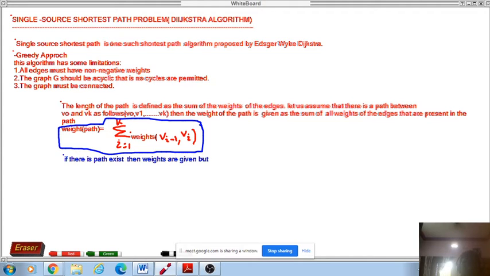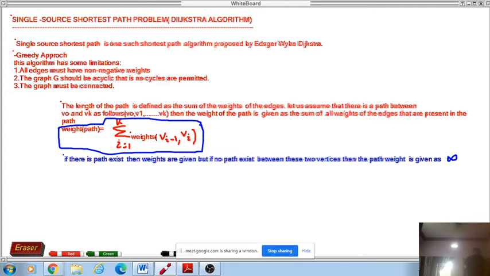But if no path exists between these two vertices, then the path weight is given as infinity.